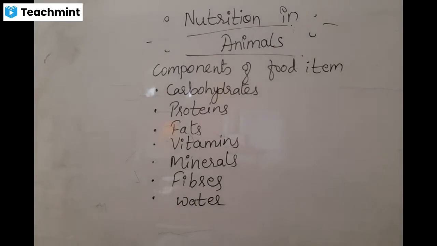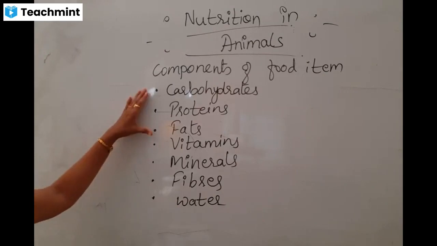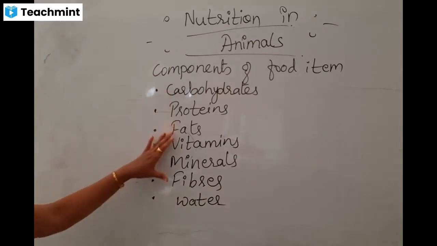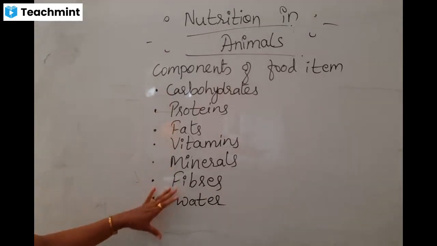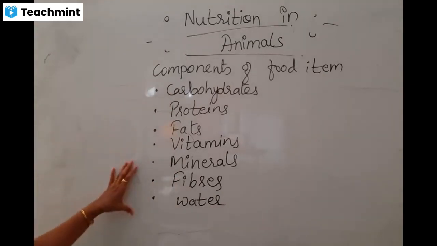Nutrition in animals. Here, our food consists of many components. Those components we have written here: carbohydrate, protein, fats, vitamin, minerals, fibers, and water. These components help our body grow, give us growth and strength, and also protect us from diseases, right?